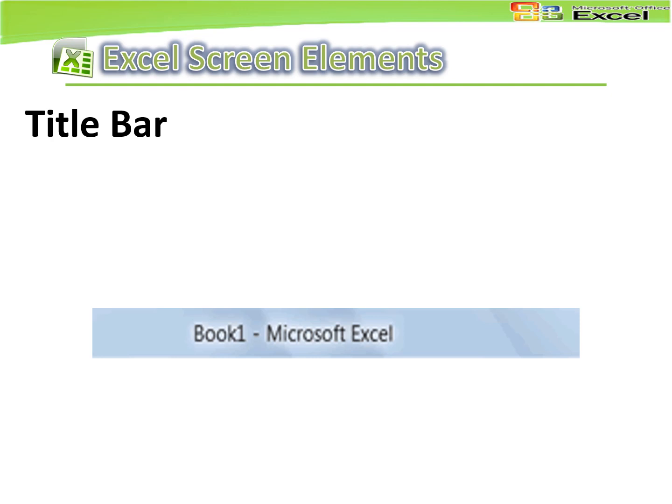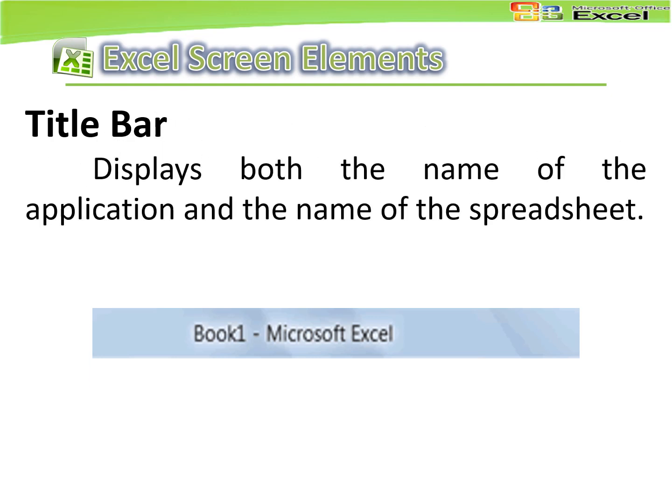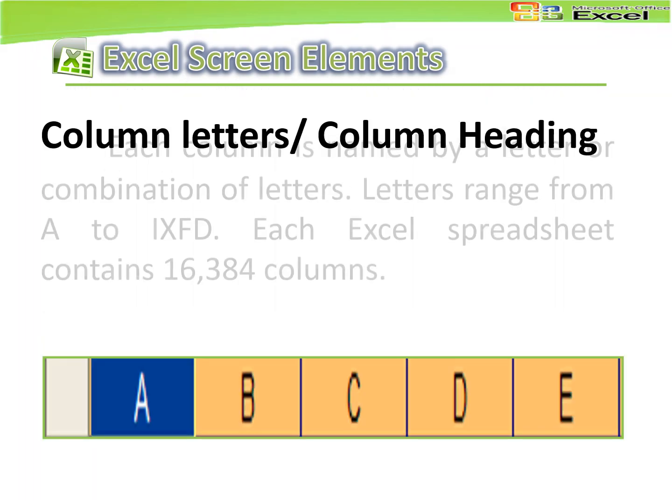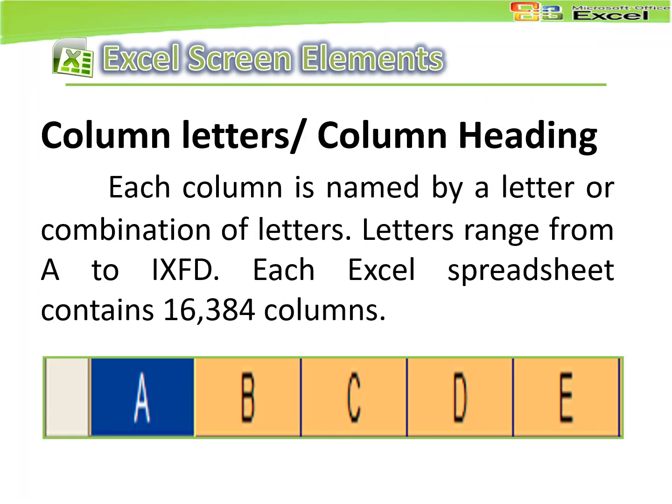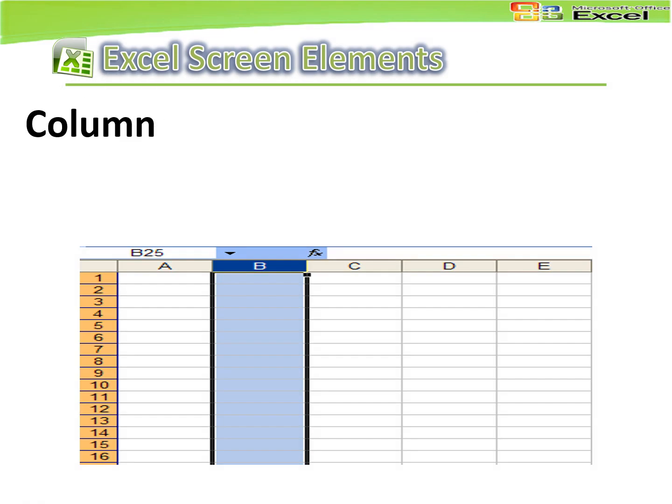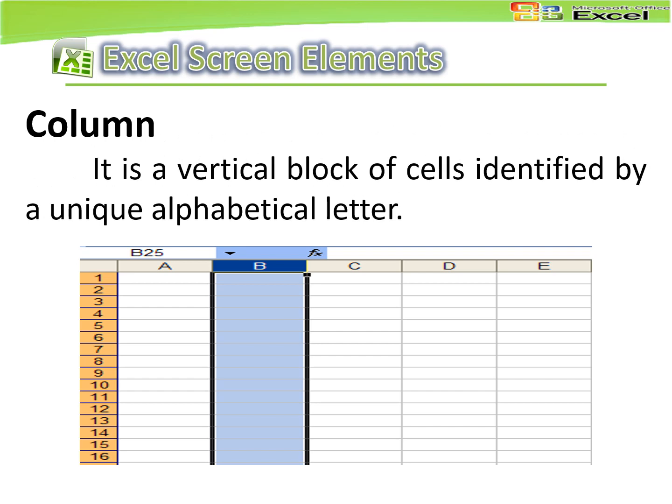And of course, we have the title bar. So again, it displays the name of your workbook file. So by default, right, the file name is book 1. We have also the column letters or column heading. And we have the column.